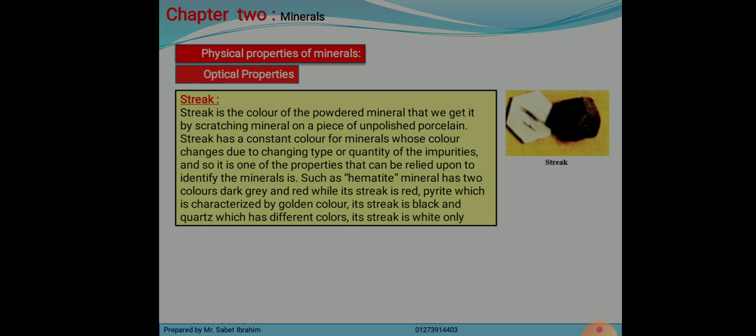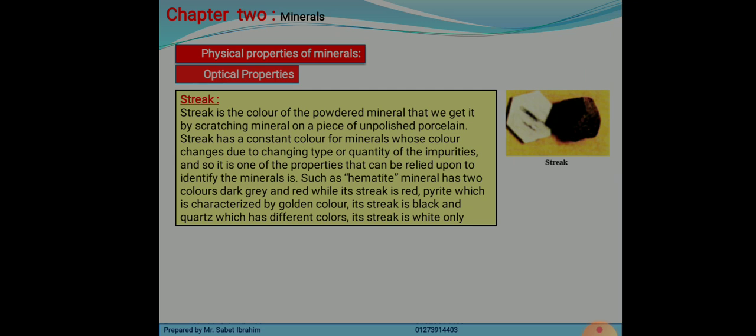Streak has a constant color for minerals whose color changes due to changing type or quantity of impurities, so it is one of the properties that can be relied upon to identify minerals. Hematite has two colors, dark gray and red, while its streak is red.